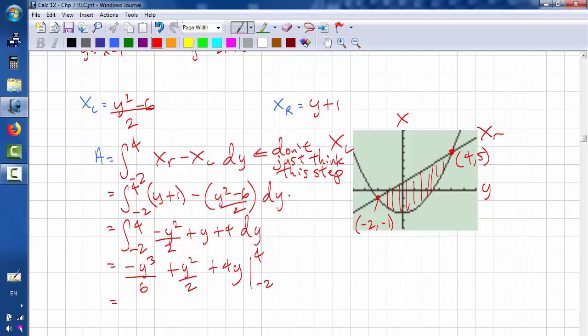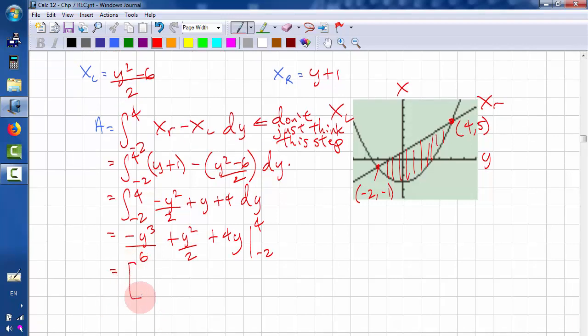Substitute our values in. Square brackets, minus 64 over 6 plus 16 over 2 plus 16, minus negative, negative. That gives us 8 over 6.